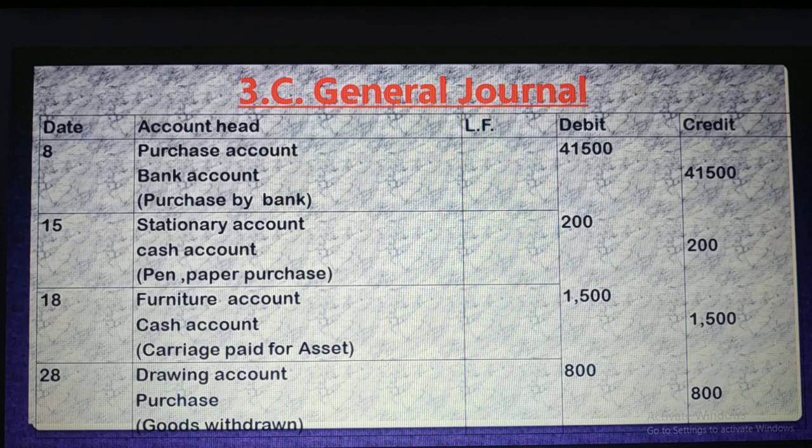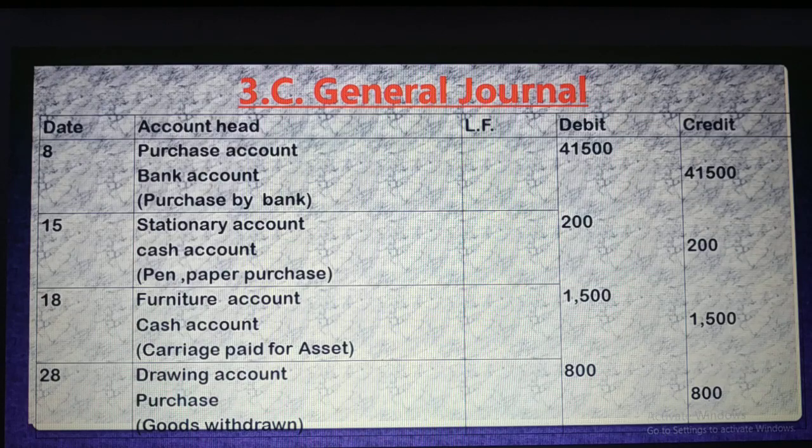Then goods withdrawn by owner. Look at, now owner of the business withdrew goods, that means he didn't withdraw cash money, he withdrew goods, maybe one of the goods which is required for his home, that's why he withdrew it from the business. So if owner takes anything from the business, we call that drawings.